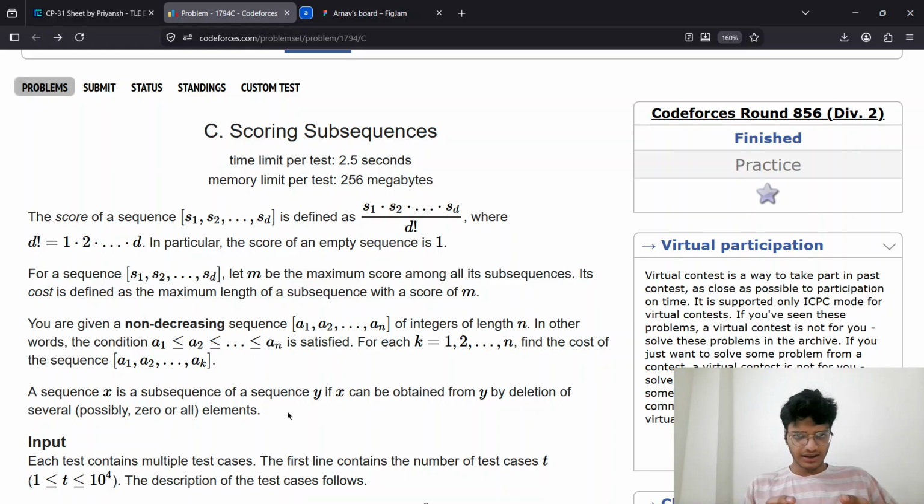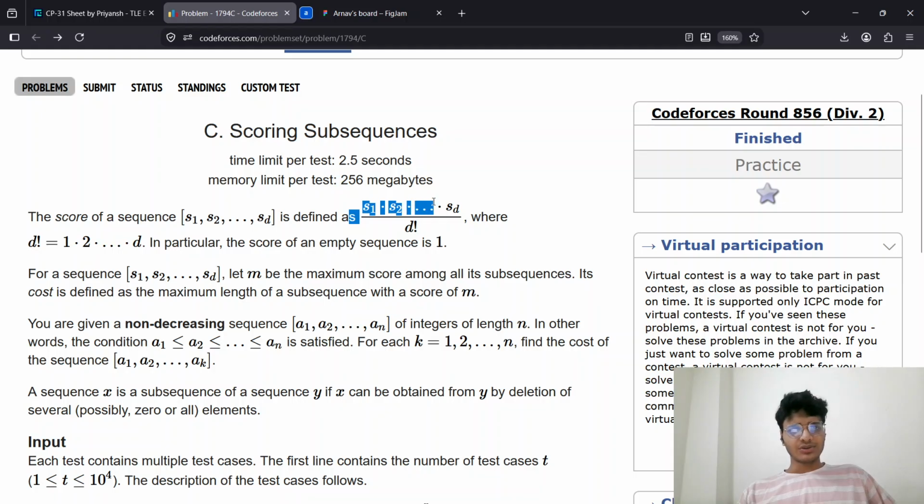The rest of the elements that are left have to be in the same order. Then that is a subsequence. A1, A4 and A5 is a subsequence, and even A2 and A4 is also a subsequence. After removing some elements, if the same order is maintained, it is a subsequence.